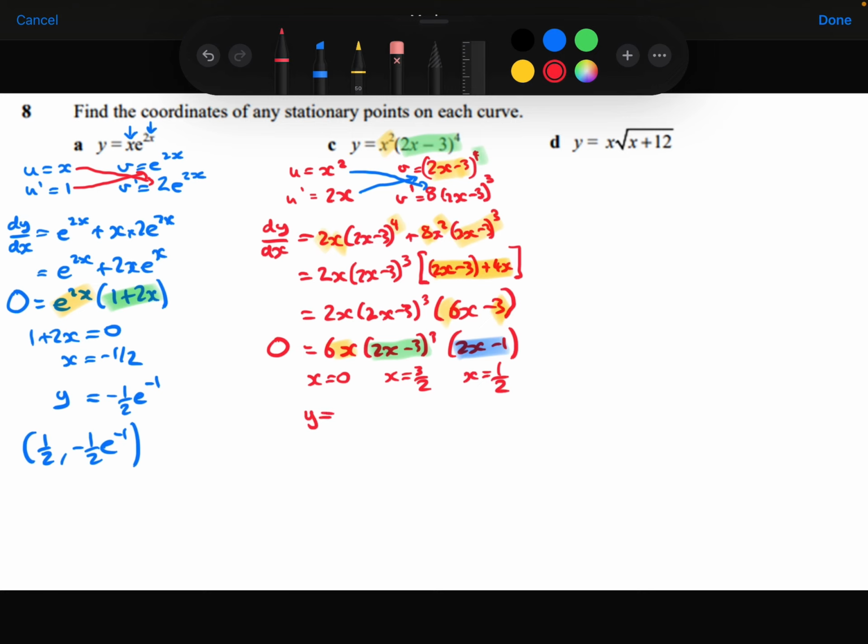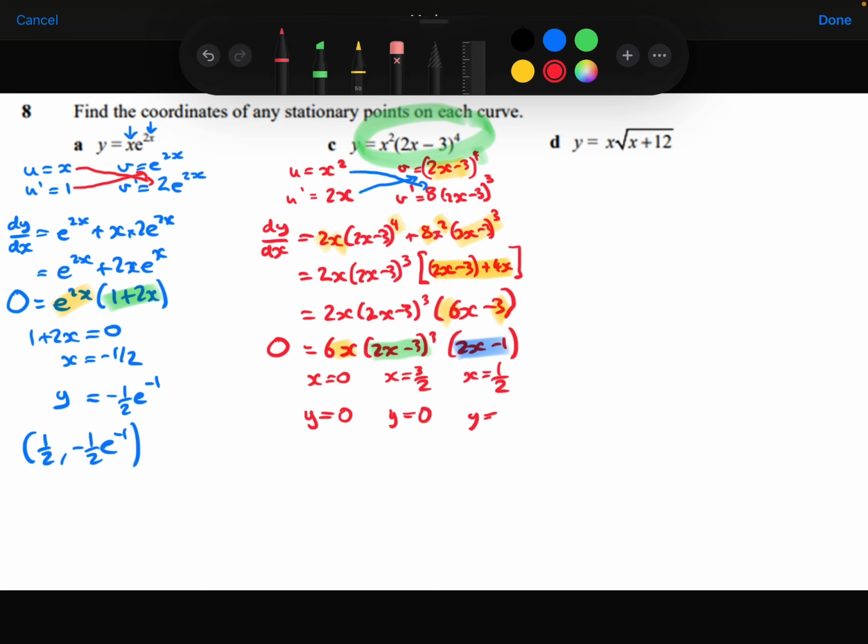If I now substitute each of those into my original function, into this up here, if I substitute 0 into that, so 0 squared times anything is just going to be 0. 3 over 2 squared times the 2 times 3 over 2 minus 3, that's going to be 0 as well.